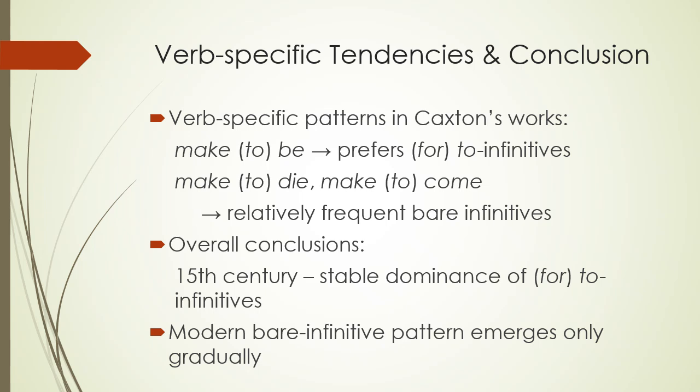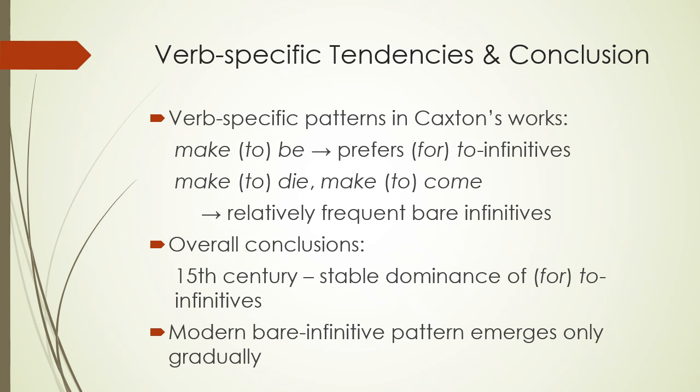By contrast, die and to a lesser extent come occur relatively often as bare infinitives in the complement. This may be related to the degree of directness in the causation. Make someone die expresses more direct causation than make someone come, where the causee must still decide to come, at least in theory.